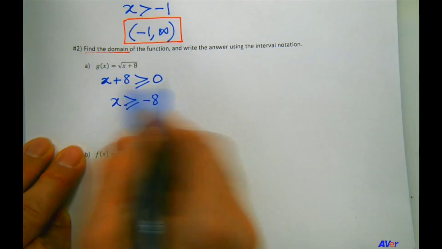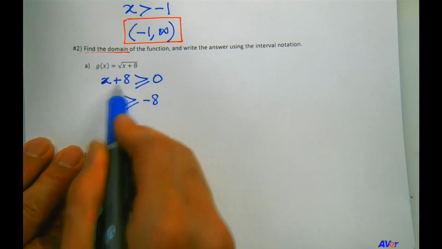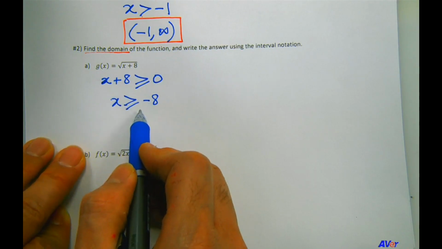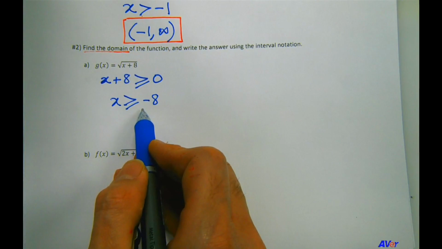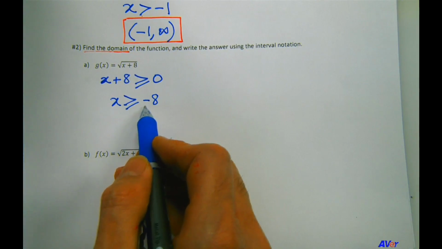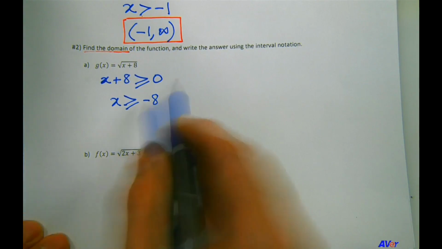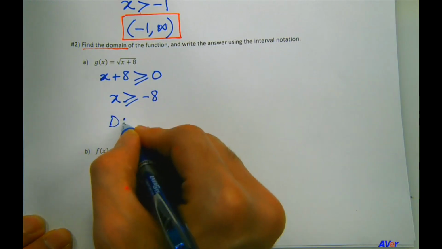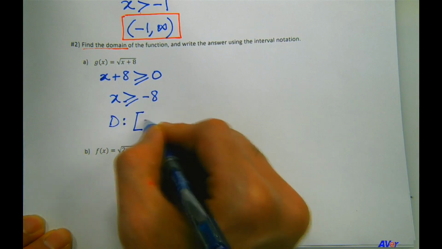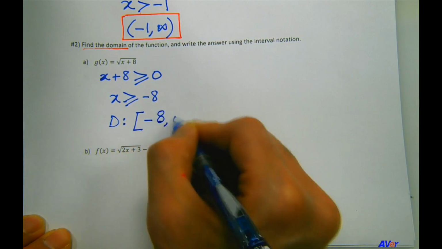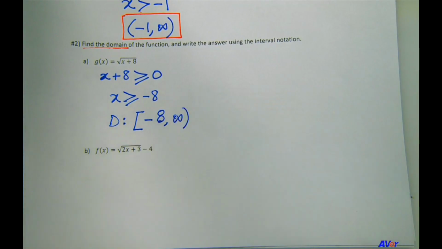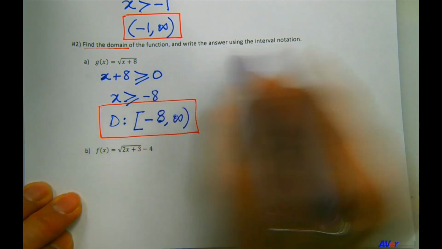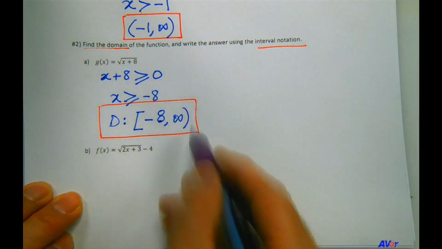I'm just moving positive 8 to the other side, and it changes the algebraic sign from positive to negative. So this is the domain: D, or domain, is the interval [-8, infinity). It says write the answer using interval notation, which we have.